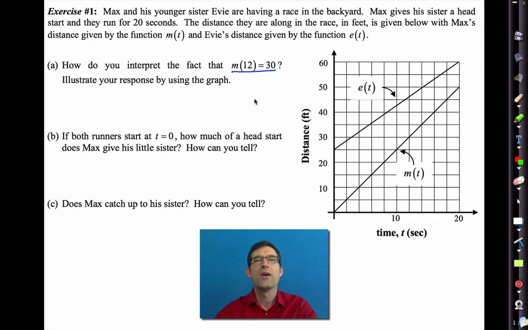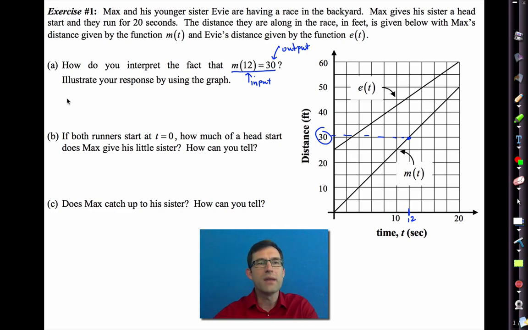All right, well, let's take a look. Remember, this is the input and this is the output. So when the input is 12, and this t-axis goes by 2, then the output here on m of t is 30.